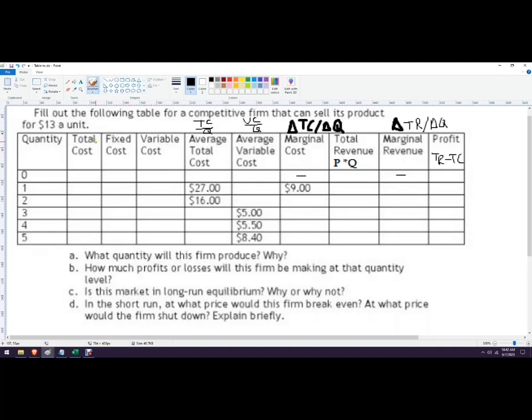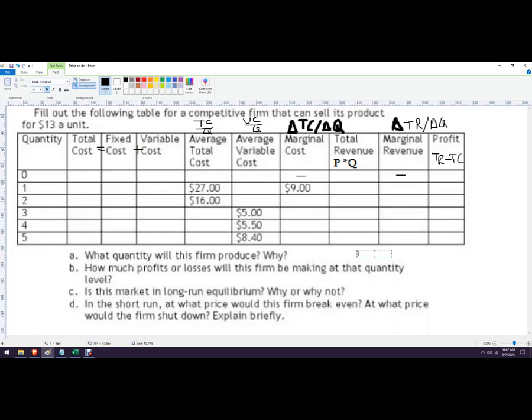So you can write that here: this equals this plus this. That's helpful because, not necessarily in this problem, but in another problem, you might get average total cost, and we can know that it's average fixed cost plus average variable cost. All of that together. Okay.